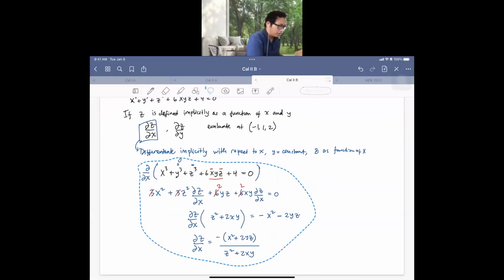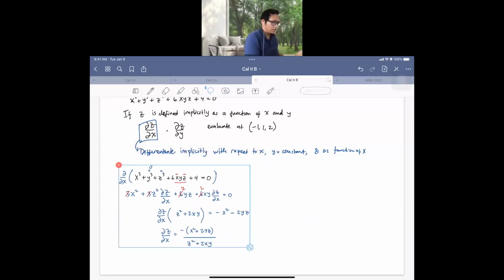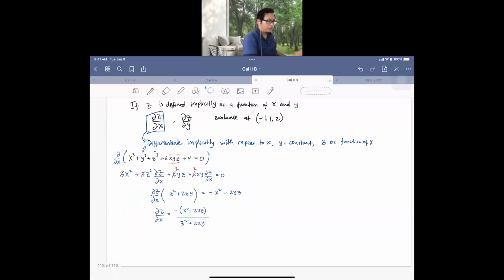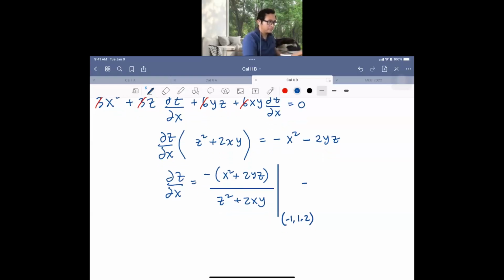Let me make it a little bit smaller, and we can input the point. Okay, so this will be equal to negative 5 over 2.